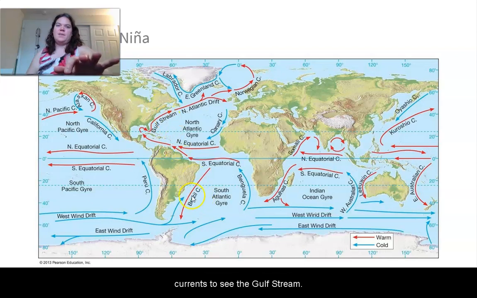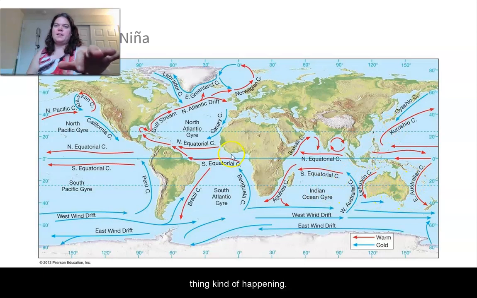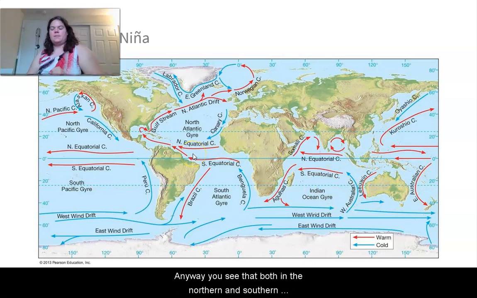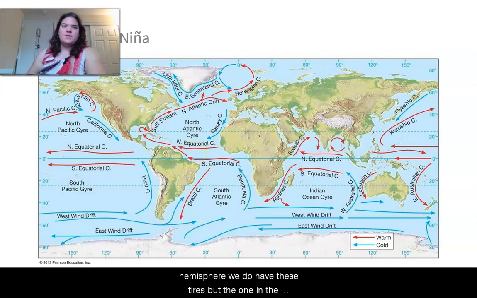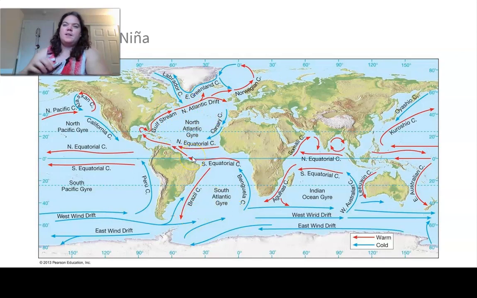So we see the Gulf Stream, Brazil current, and then the ones over here. Notice Australia has its own thing kind of happening. So anyway, you see that both in the northern and southern hemisphere, we do have these gyres, but the one in the northern hemisphere turns clockwise, right, because of Coriolis, and then in the southern hemisphere it goes the opposite.